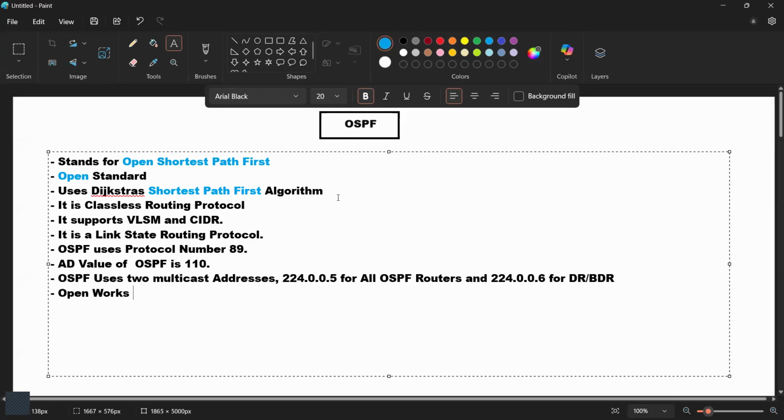OSPF works on area concept. Now, what is an area? Group of routers. Then what is administrative system? Group of routers only. Difference? Why?